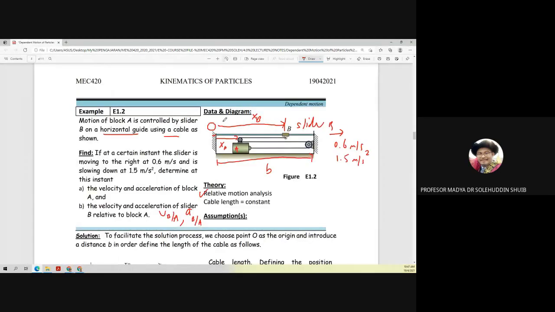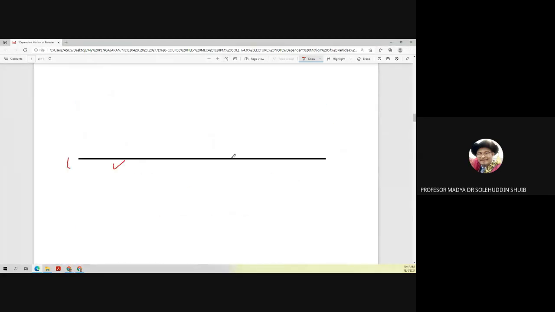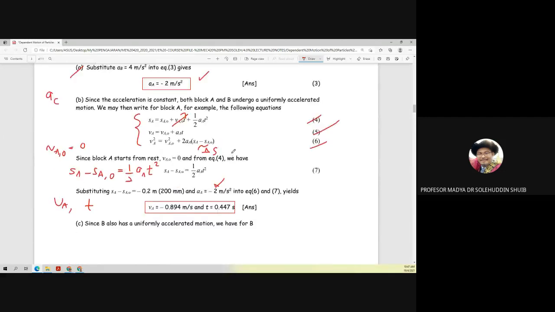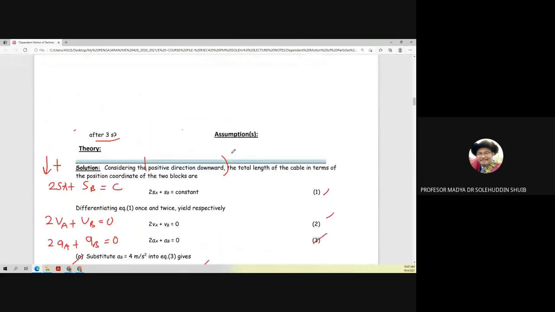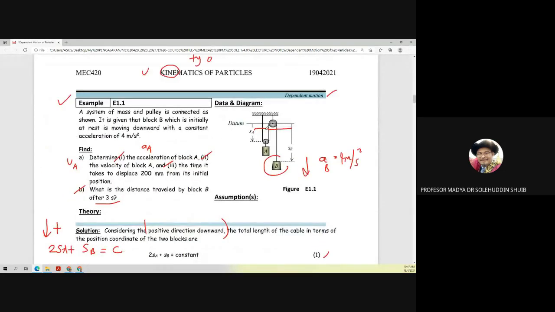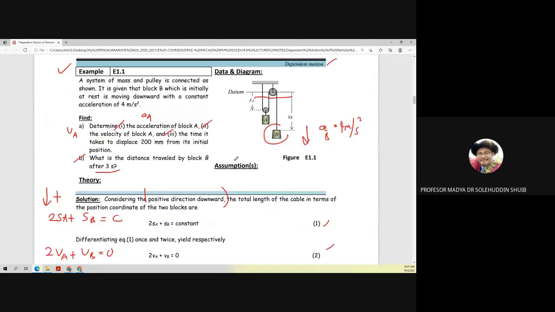Is it because the 2b minus xa is because the pulley has 2 wires? Yeah, that's what I'm saying, from the earlier concept. You see, we have A. We cut here, and then we have 2 strings there.